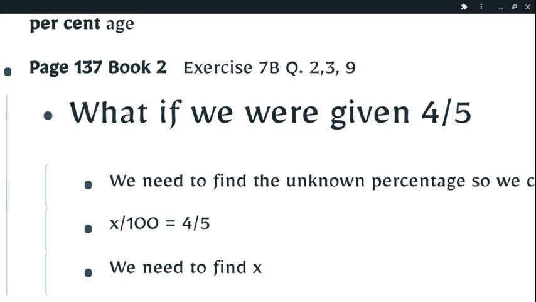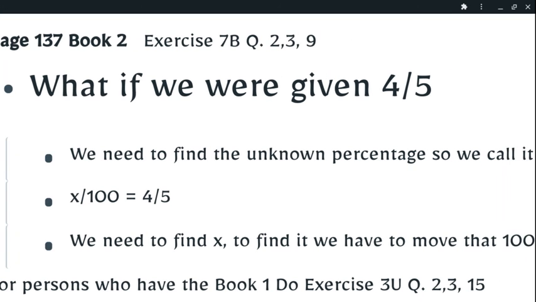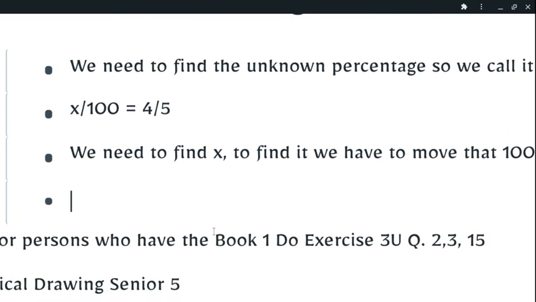To find it, we have to move that 100. That's the only thing stopping us from saying X is equal to something.